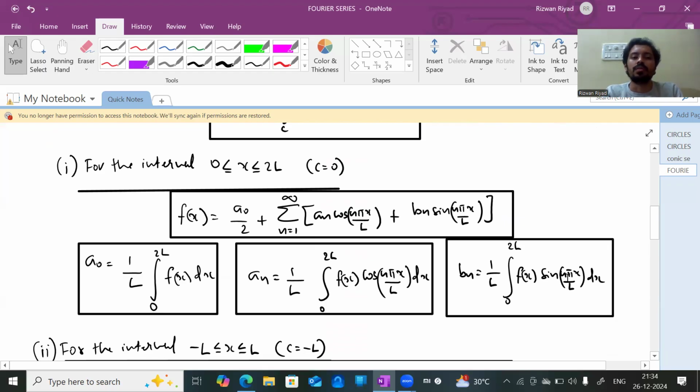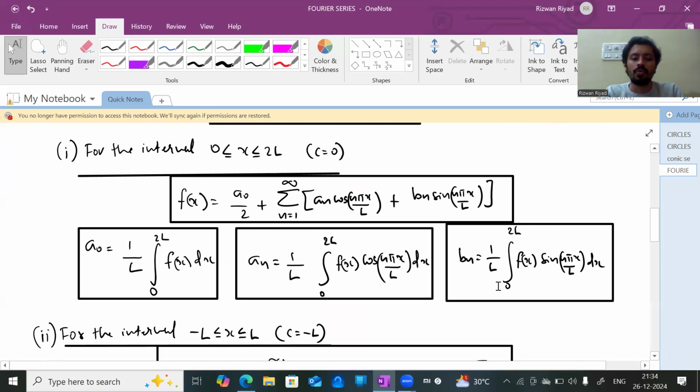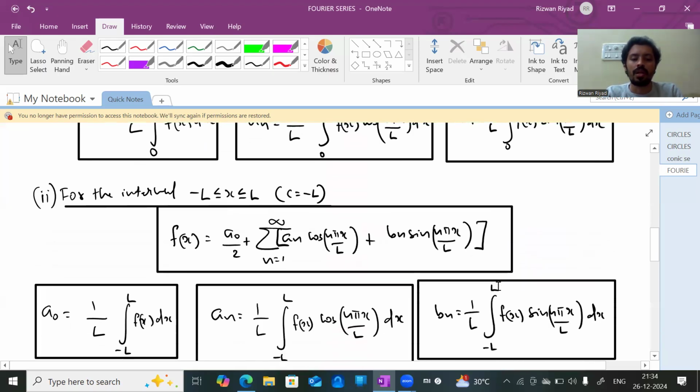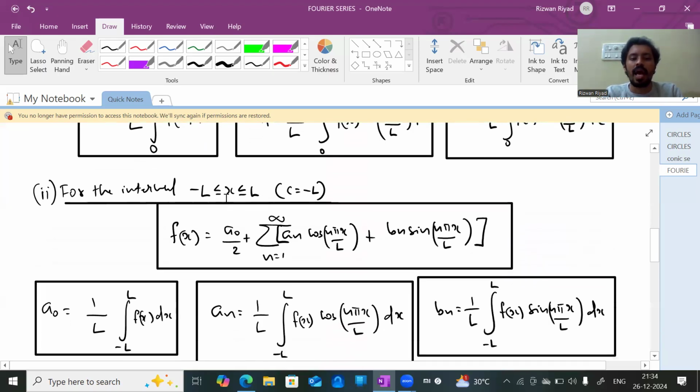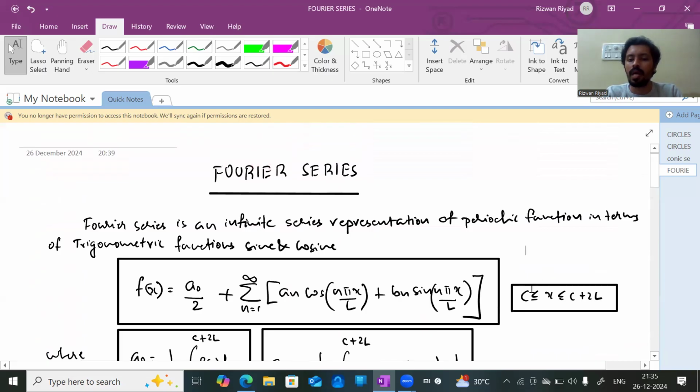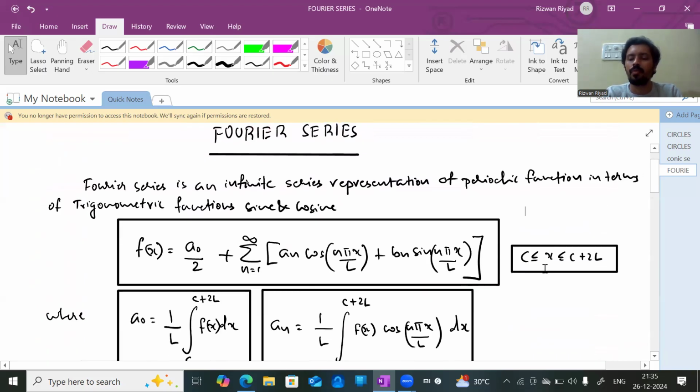Now let's go to case 2, the second case. That means for the interval minus L less than x less than L, c becomes minus L. So the interval will be like this if c is equal to minus L. What will happen in this interval if you put minus L for c?